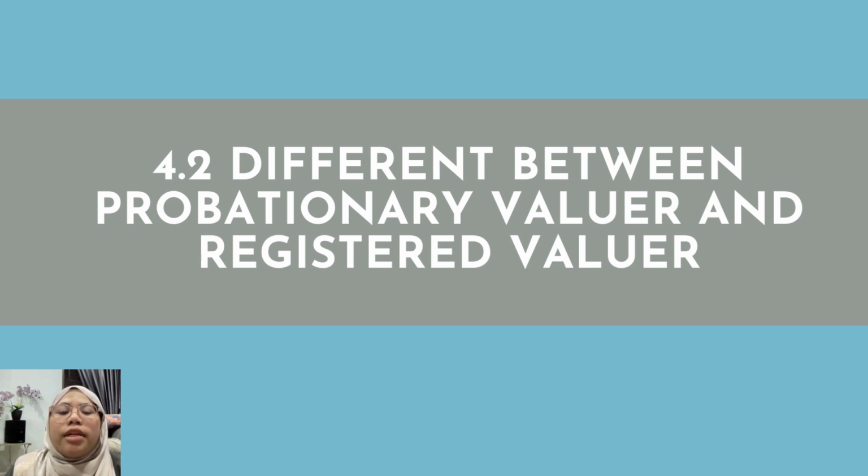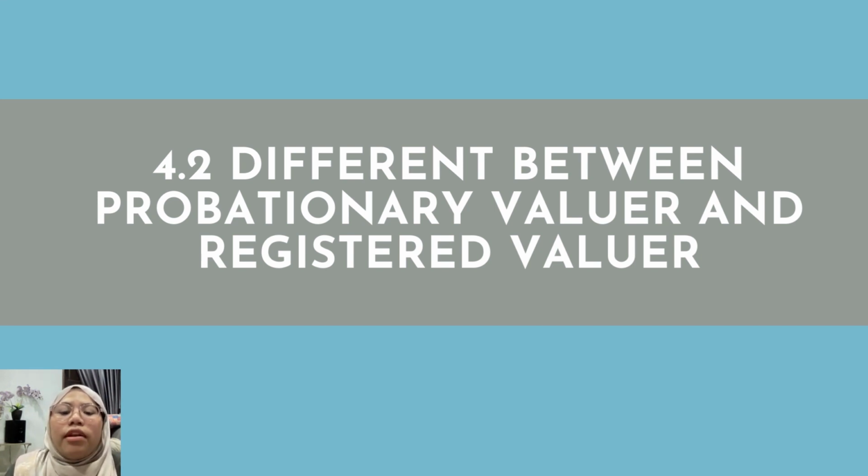For the examination, PVs are those who have passed the written examination and are now formally registered with BOVIAP to sit for TPC, while an RV is a person who has passed all the written examinations and TPC and is formally registered with BOVIAP. Next, registration number.